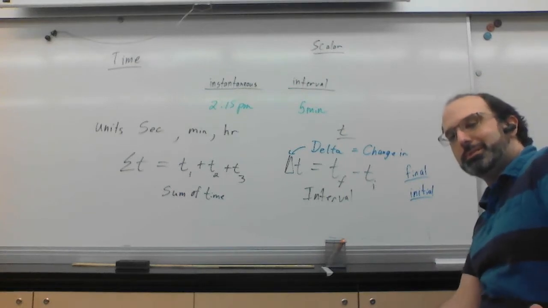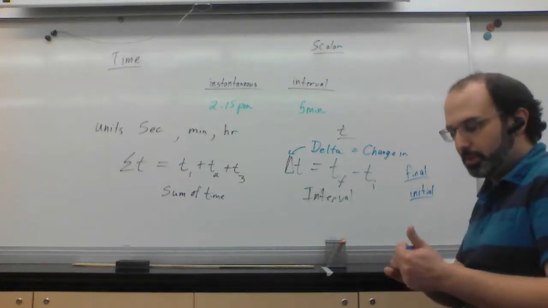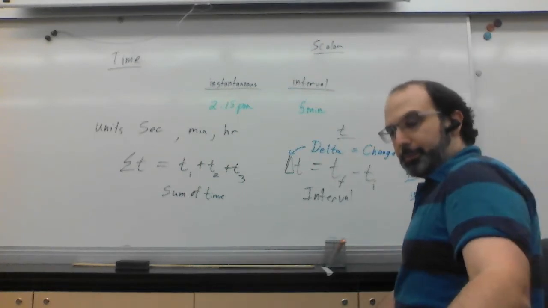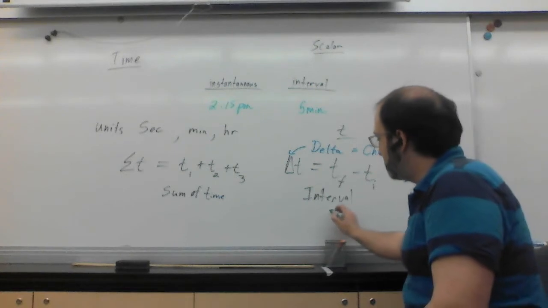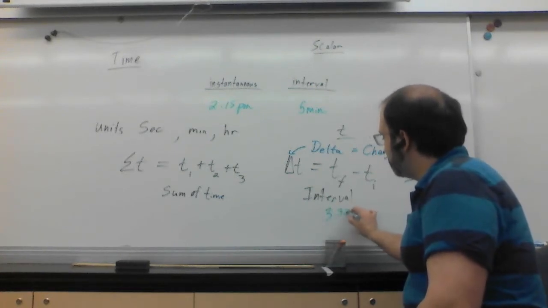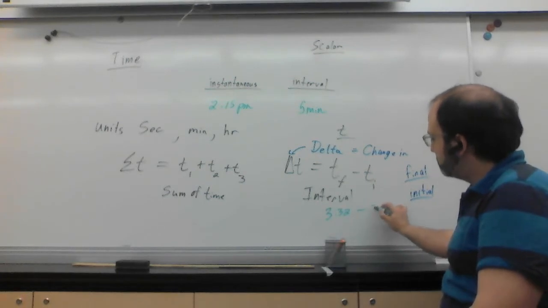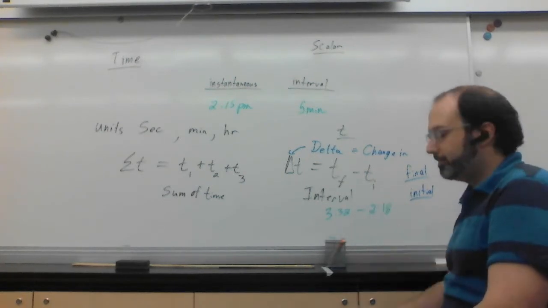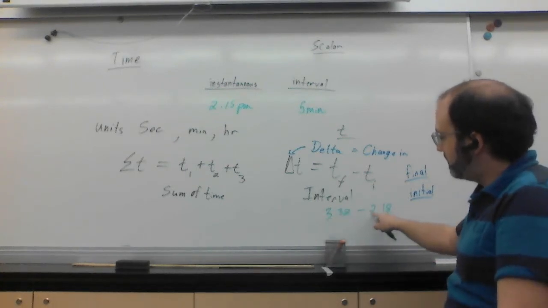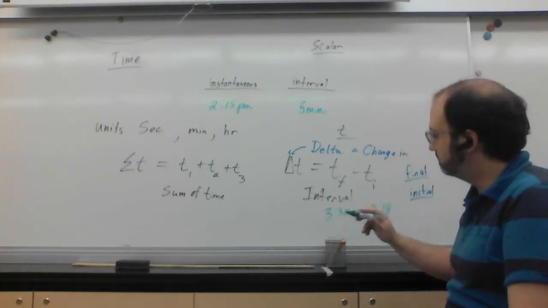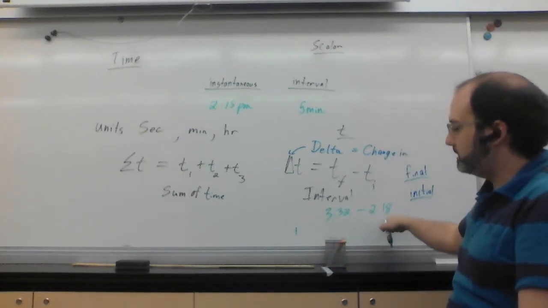Now, we always got to be careful, right? Because, well, let's use the example that we've got here, right? End of the day. Our final time would be 3:32. Our initial time is 2:18. 3 minus 2 is going to be 1. 32 minus 18.